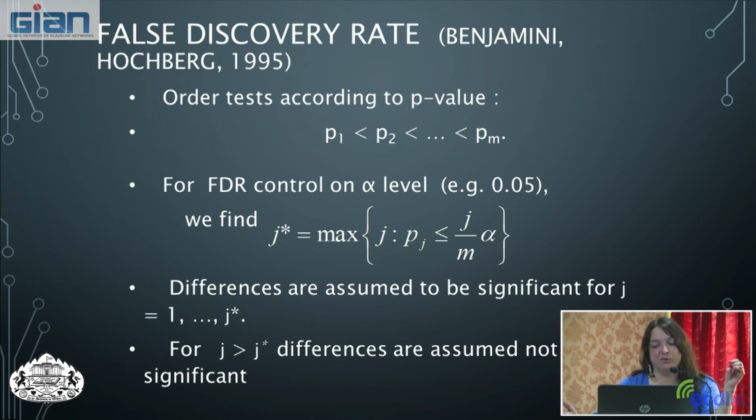So for false discovery rate on an alpha of 0.05, we might find that this J star for significance level of J going from 1 to J star based on our p-values, then we would pick a point where we cut this off. So we assume that J greater than J star are no longer significant. So we would order results according to our p-values. We could define p-values in order.